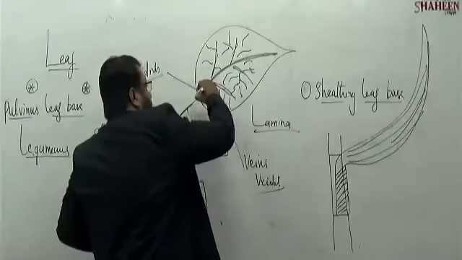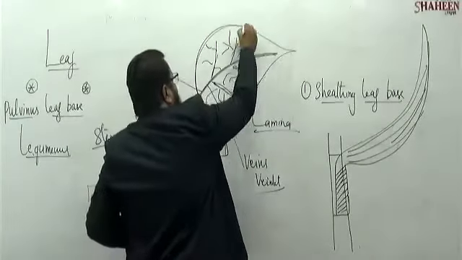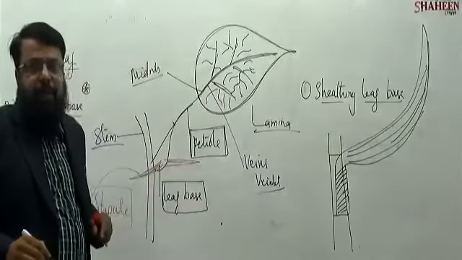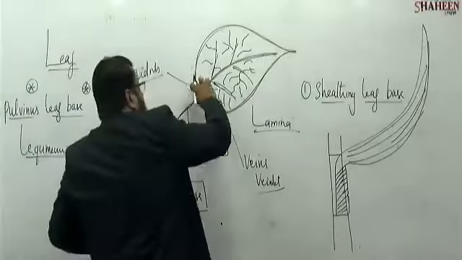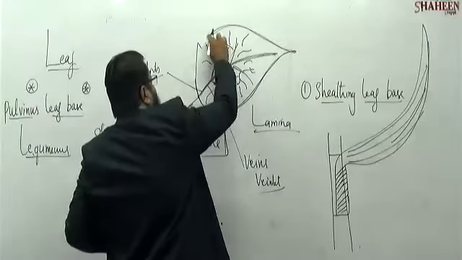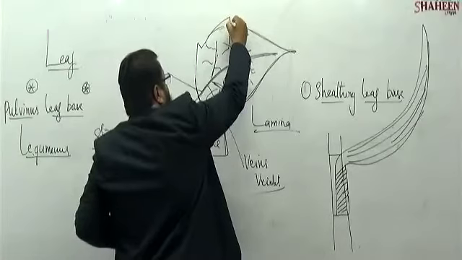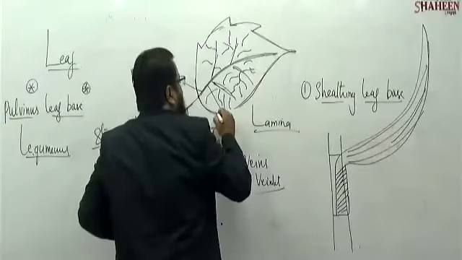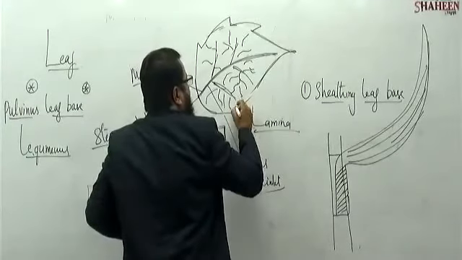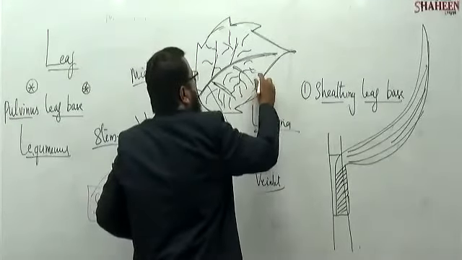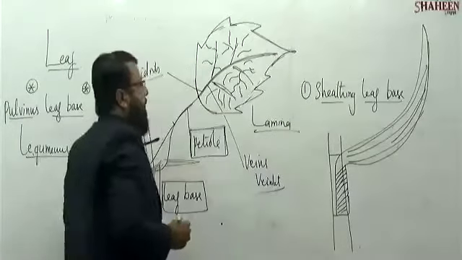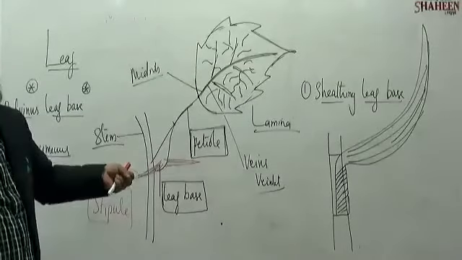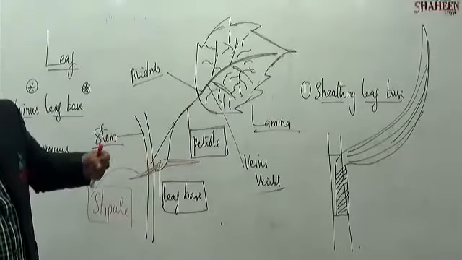Observe the margins of the leaf: sometimes the margins are entire, and sometimes the margins of the leaf are dissected or incised. It is not completely entire. So the two margins are different. Leaf lamina shape differs, and the margin differs.